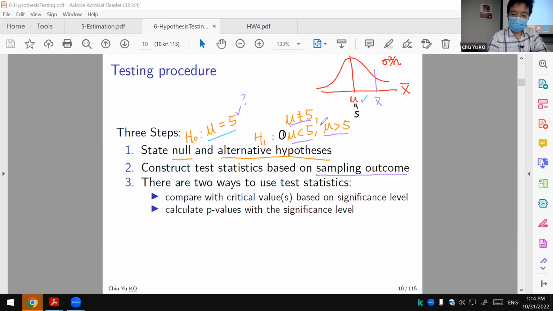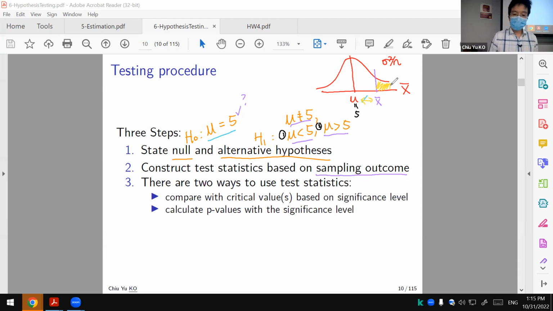And in case number 2, mu bigger than 5, you would be looking at whether it is far away enough. If far away enough, you're looking at this area, as we mentioned. Is this area small or big enough?